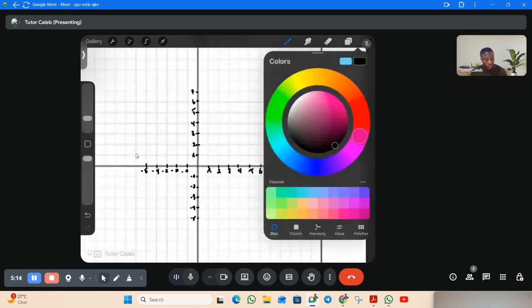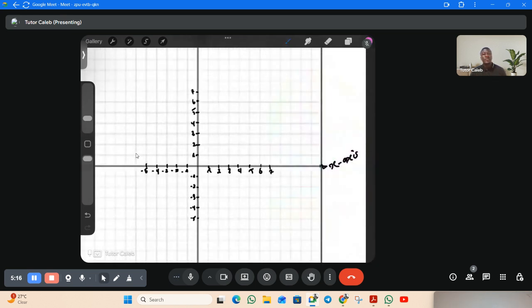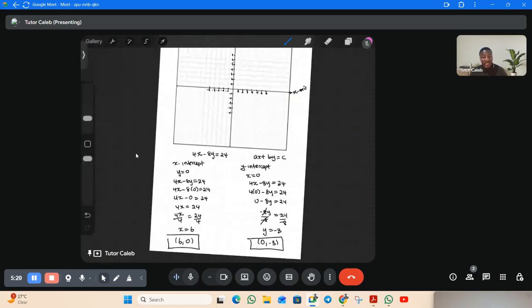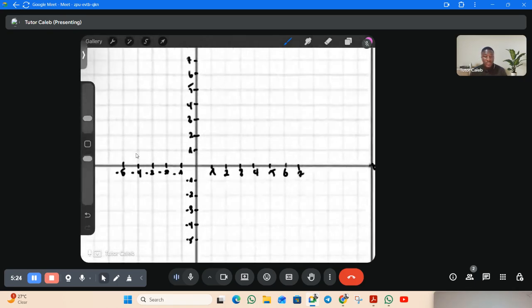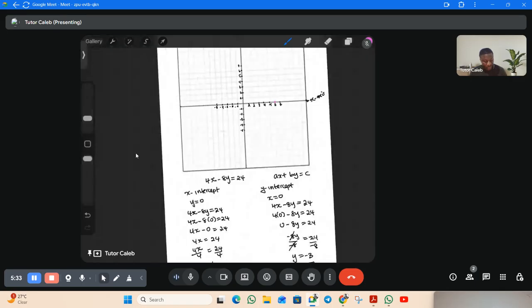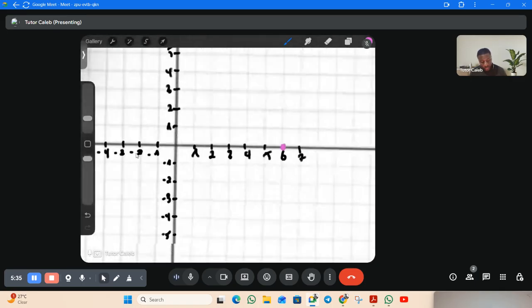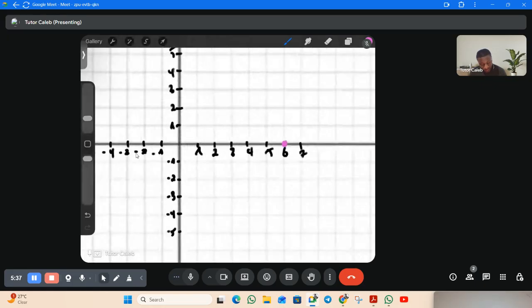Now, we want to plot the points. We said 0 and 6. No, 6 and 0. Then we'll plot 0 and negative 3. Now, 6 on the x-axis and 0 on the y-axis will give us this point here. And 0 on the x-axis and negative 3 on the y-axis will give us this point here.